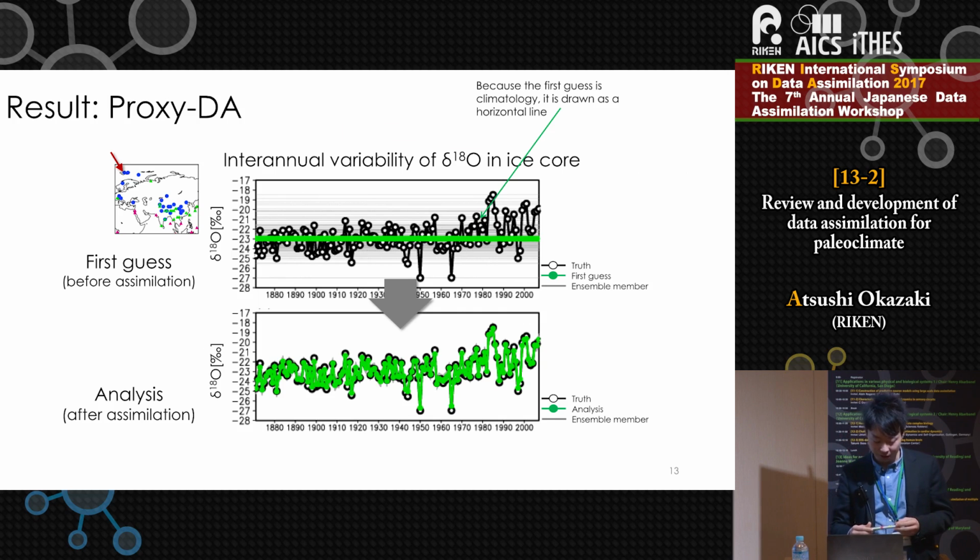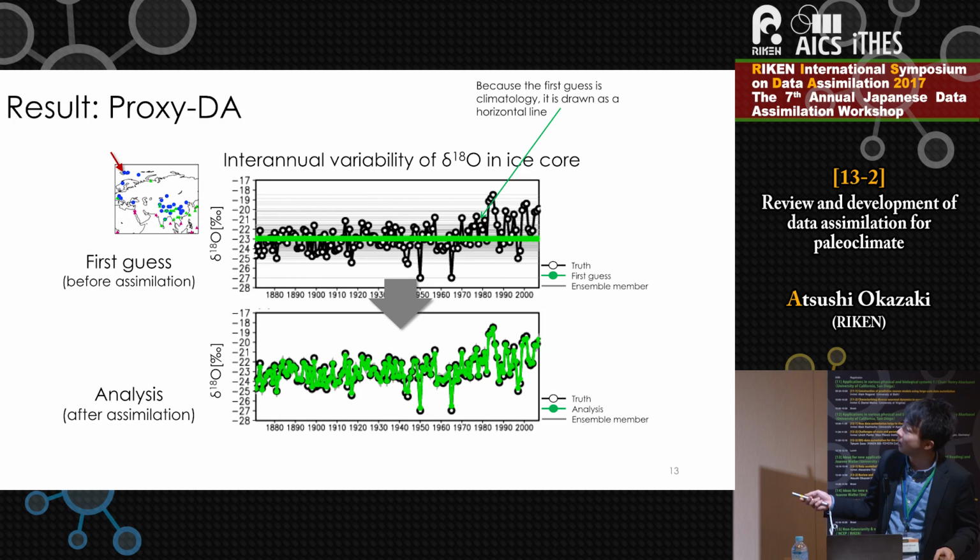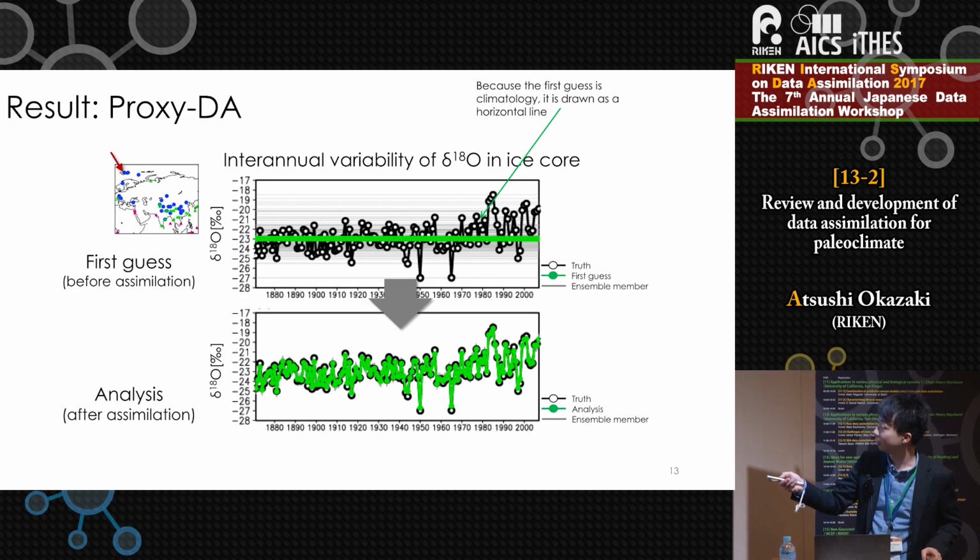So I first rechecked whether the method worked well or not. The time series shows the isotope ratio at the red-pointed area. The black line shows the truth, and the green line in the upper panel shows the first guess.